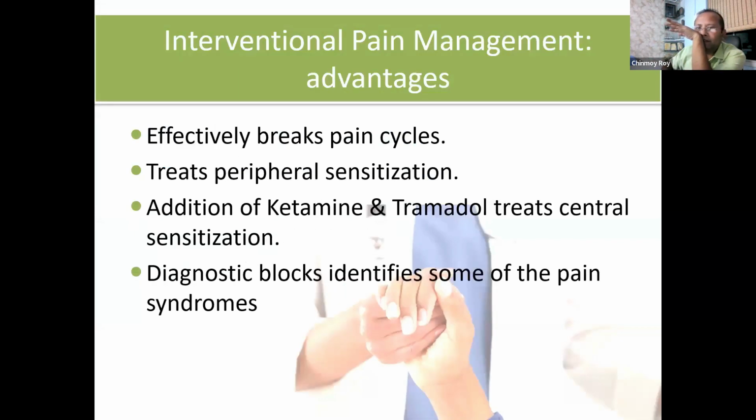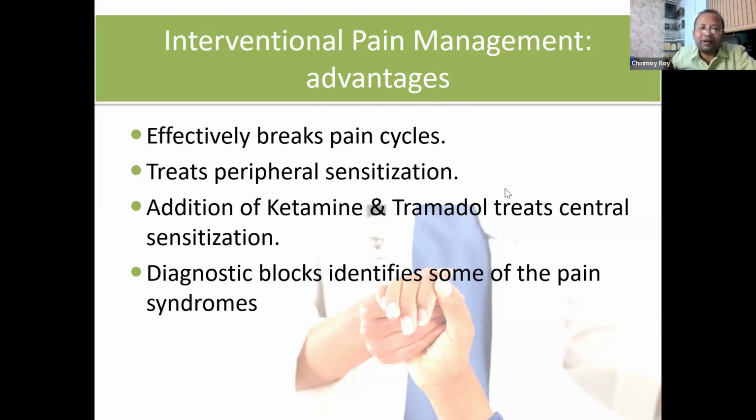Okay, so interventions in pain management. One good effect is that it effectively breaks the pain cycle. This is one concept: once you break the pain cycle, suddenly if you make some patient's pain zero for say just one day, then when pain comes again, because as I told you these pains have neuropathic pain characteristics, the pain doesn't reach that level, it remains a bit less.